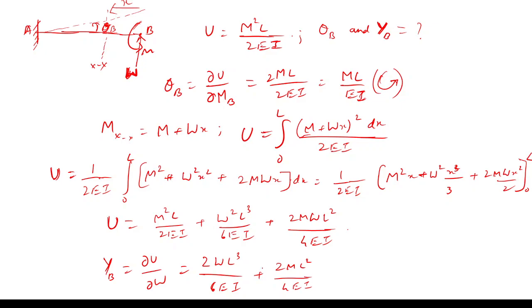This is the final expression, right? But here you don't have any W. You just introduced it so that you can partially differentiate. So after partially differentiating, I will put W equals to 0 to find the actual deflection at point B. So it will be ML square by 2EI.